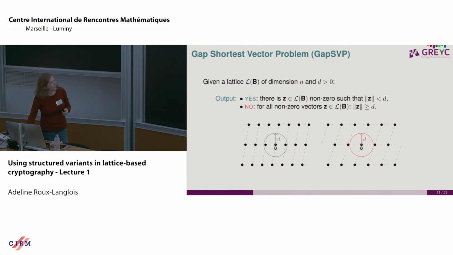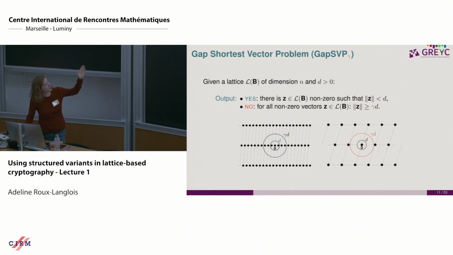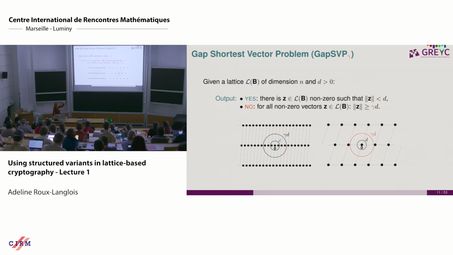So if you look at the two examples, here it's gap SVP, and here it's with the approximation factor gamma. The first one are two lattices, it's a yes and no instance, and you can see that they look quite close. You imagine it can be quite hard to distinguish between those two lattices. The second one is when you have this approximation factor.